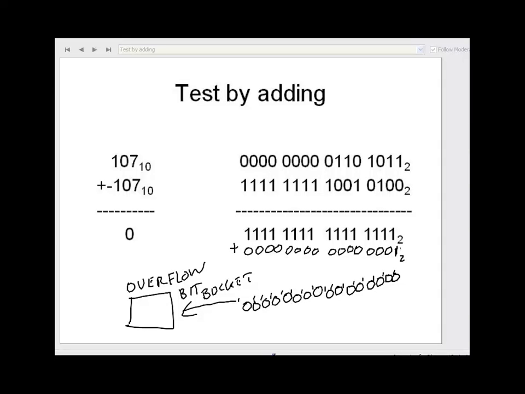So that last 1 disappears off into the wilds of we don't really care where it's gone. It goes to the overflow, and what we're left with is 0.